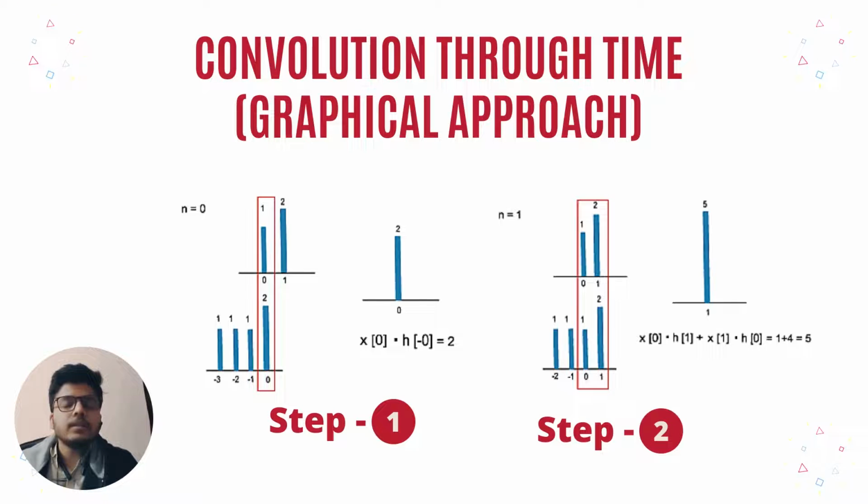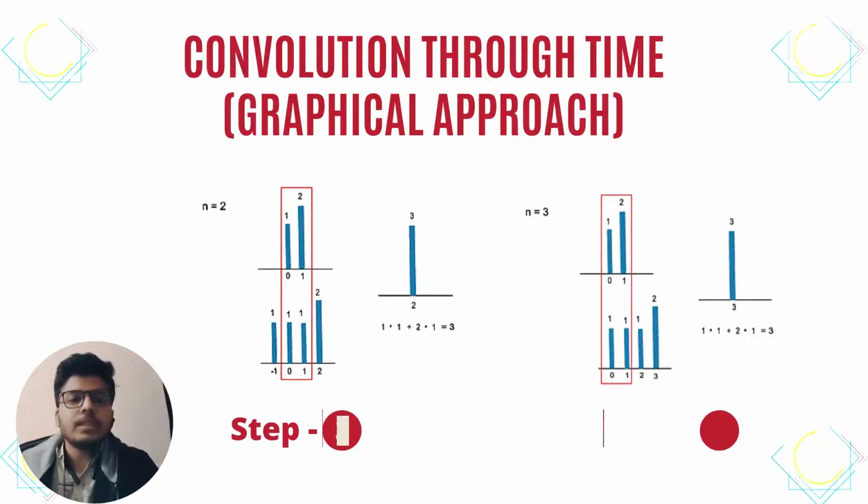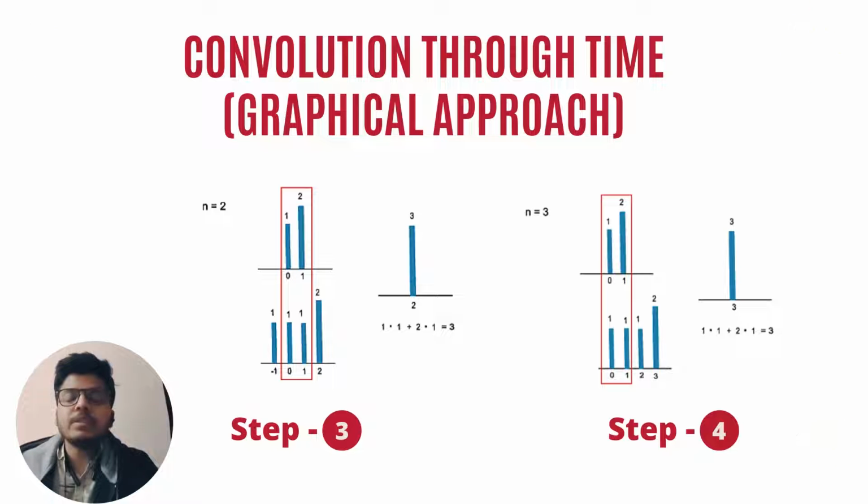You can see that at time t equal to 1, we are multiplying two elements of the input signal by two elements of the impulse response. Similarly, we have done for n equal to 2 and n equal to 3. If we follow this step one more time, that is for n equal to 4, then we produce the same output as we have seen in the previous example.